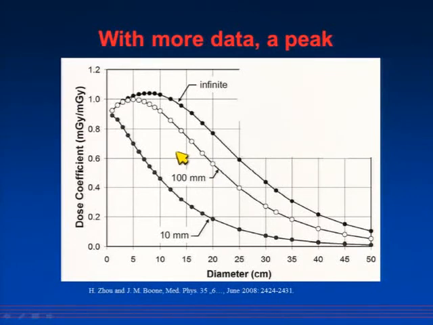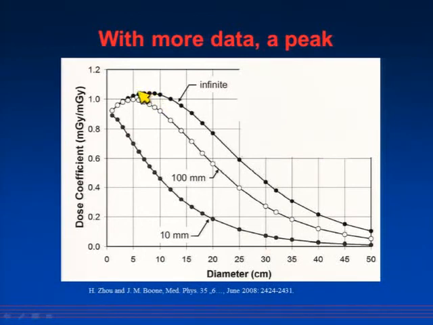Now with more data, it turns out it's interesting. You get kind of a peak here. This is from a paper by John Boone and his student, and these are all infinitely long phantoms. For an infinite scan, you get this bump at a certain radius of phantom. The x-axis here is the diameter of the phantom, and I believe this is the central measurement of the dose.